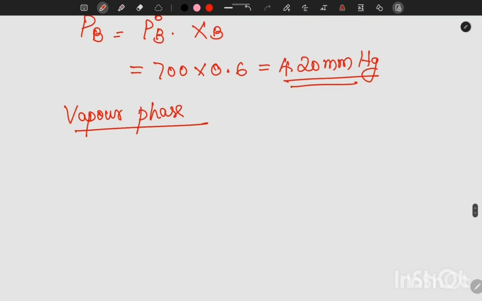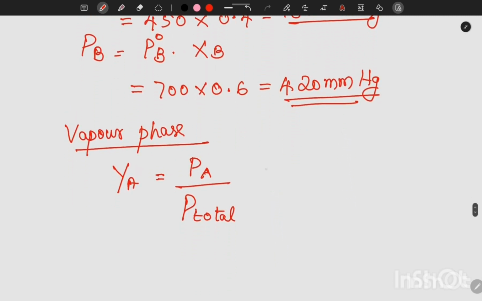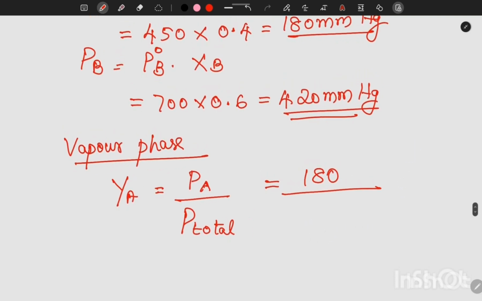So YA is equal to PA by P total. Now we already calculated PA, that is equal to 180 divided by total, means 180 plus 420, that is 600.